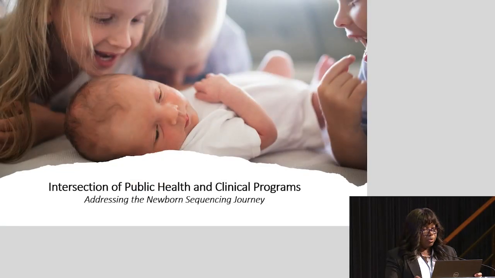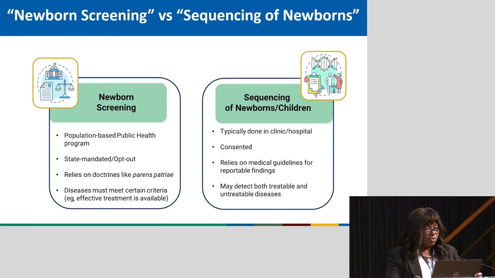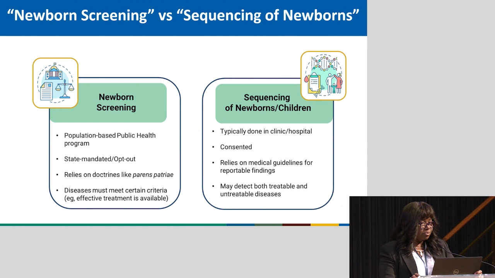To end, I just want to focus on the potential path forward towards newborn sequencing. So when we think about the journey, it is important that we are using similar language and understand the implications of certain terminology. When I think about public health-based newborn screening, we need to be clear that this is referring to a population-based universal public health system.